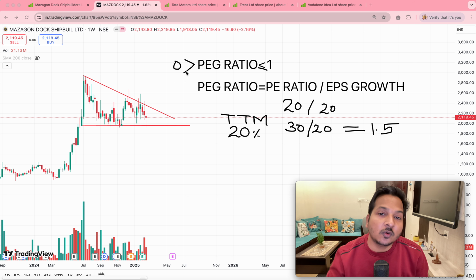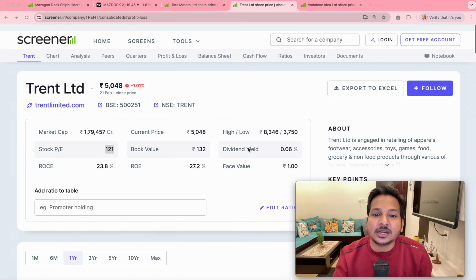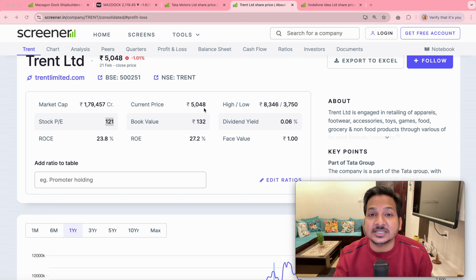So don't keep any stock where the PEG ratio is more than 2, 2.5, 3. With such a high PEG ratio the market can correct, and your profit growth is decreasing. Suppose you find any company where profit growth is decreasing, like I showed you the Tata Motors example, the Trent example. Trent is a very big example. You cannot imagine, people bought Trent at 6,000, 7,000, 8,000, and now it is 5,000.